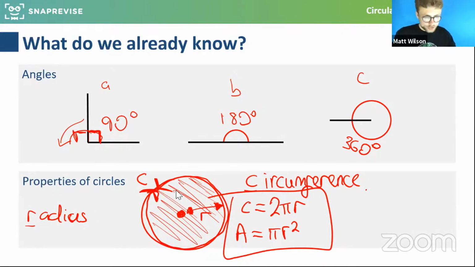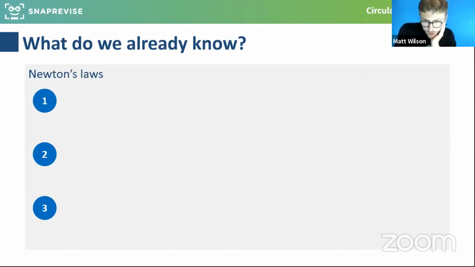So that's the maths, and the ideas we're going to mix this maths with are the physical ideas of Newton's laws. So Newton had 3 laws, and they come in an order. Can anyone tell me what those laws are? So let's start with the first one.